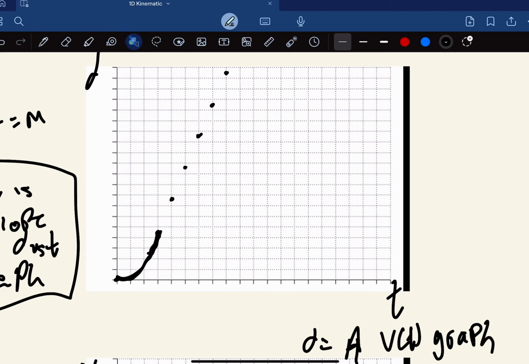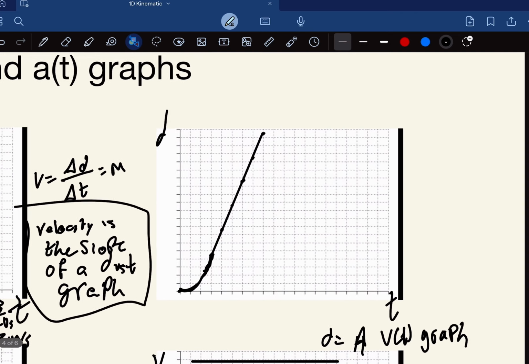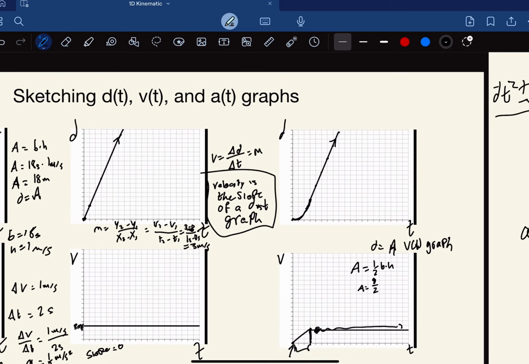Let's go in with our straight line. And then that is our distance versus time graph for this problem.